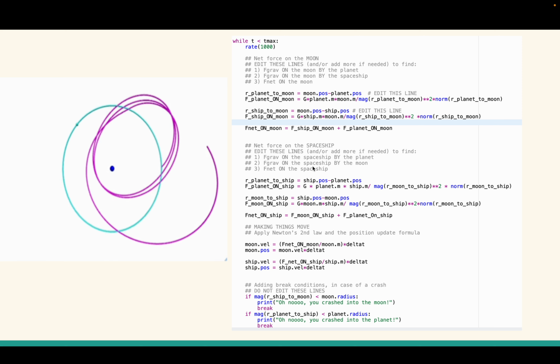And then going on to the next one, which is position planet to ship, position moon to ship, force planet on ship, force moon on ship, and then the net force of those two combined, like the last one. And then down here, we just found the moon's velocity, moon's position, ship velocity, ship position. And if everything is correct, we should not get that, oh no, you crashed into the moon. And as you can see on the left here, it is orbiting around the moon and the black hole.